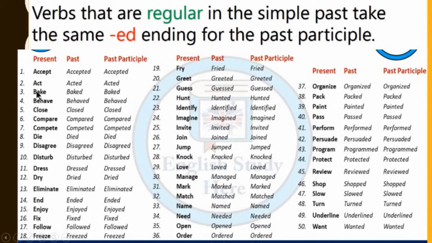Bake, baked. Close, closed. Enjoy, enjoyed. So as you can see, regular verbs are similar to the simple past. In affirmative, ed, past participle.